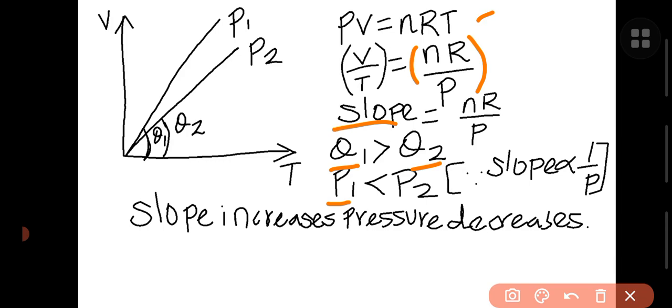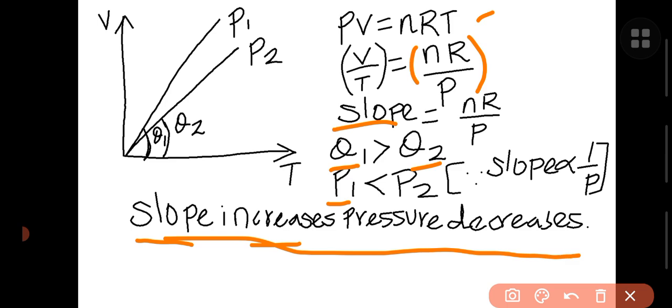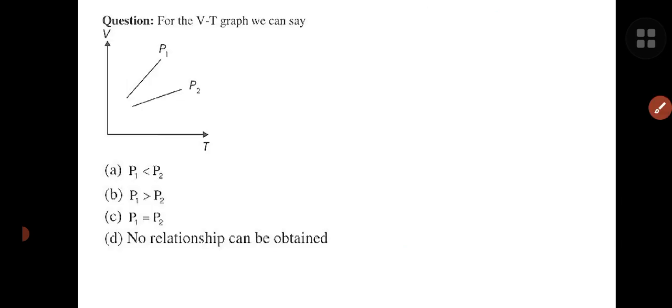This is because when the slope is increasing, pressure is decreasing. So this is the property. Using this property, we can say when the slope is more, the pressure will be less. So P1 is obviously lesser than P2. That is the answer: P1 is lesser than P2.